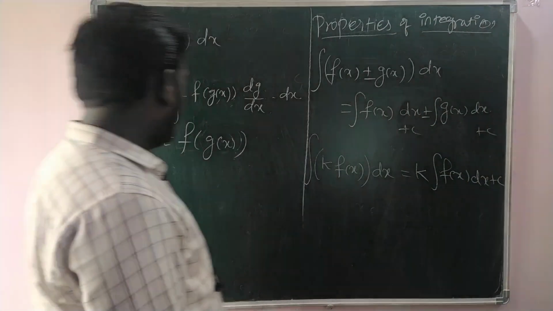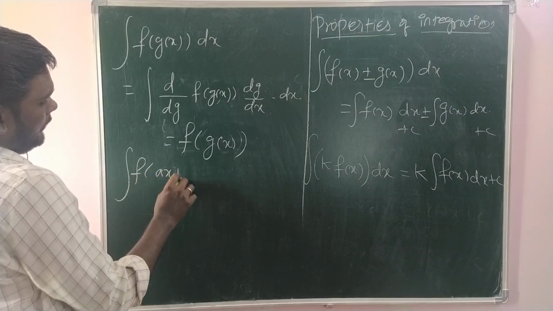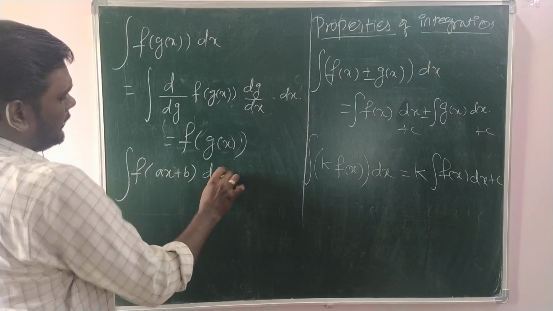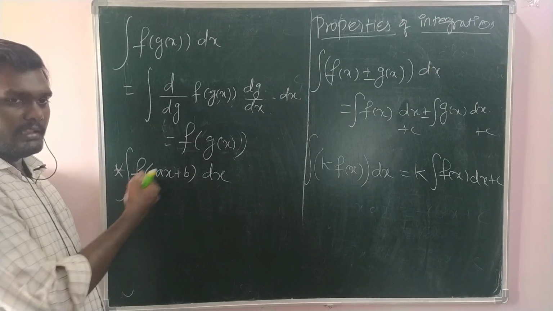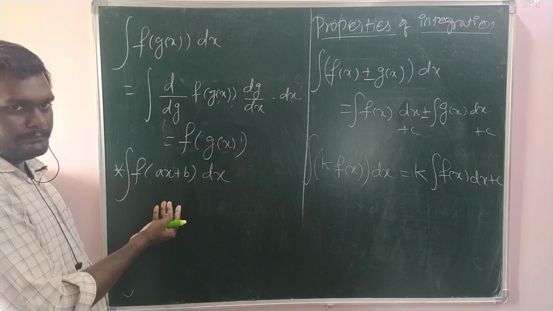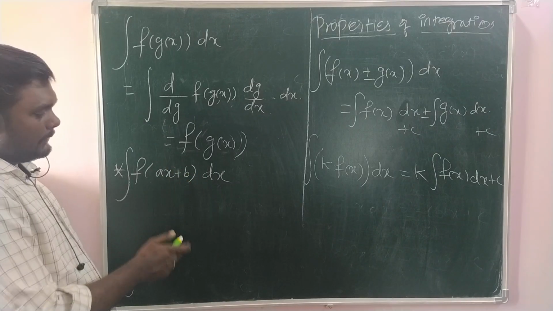And one important thing: integral of f of ax plus b into dx. Suppose the variable inside the function is of the form ax plus b, a composite function again.